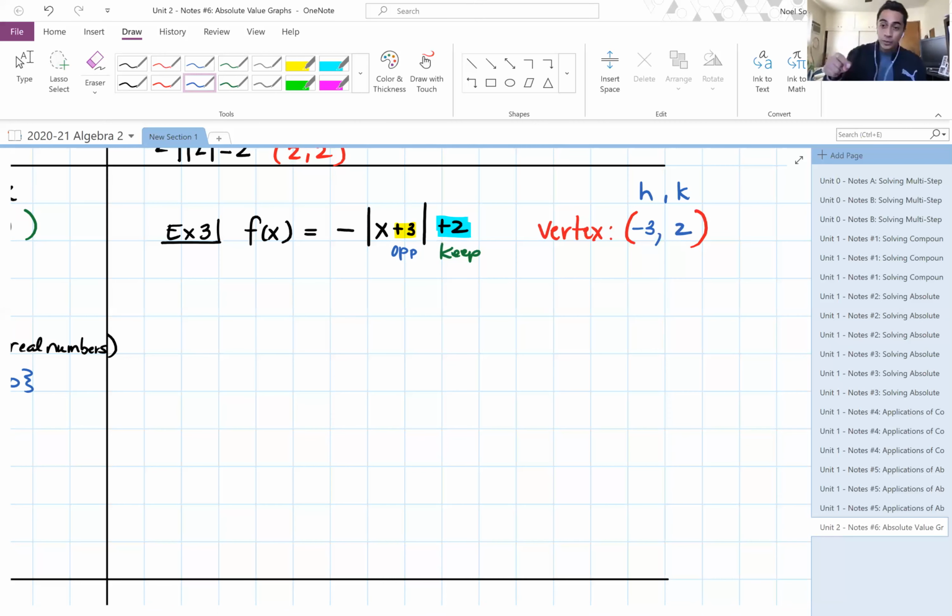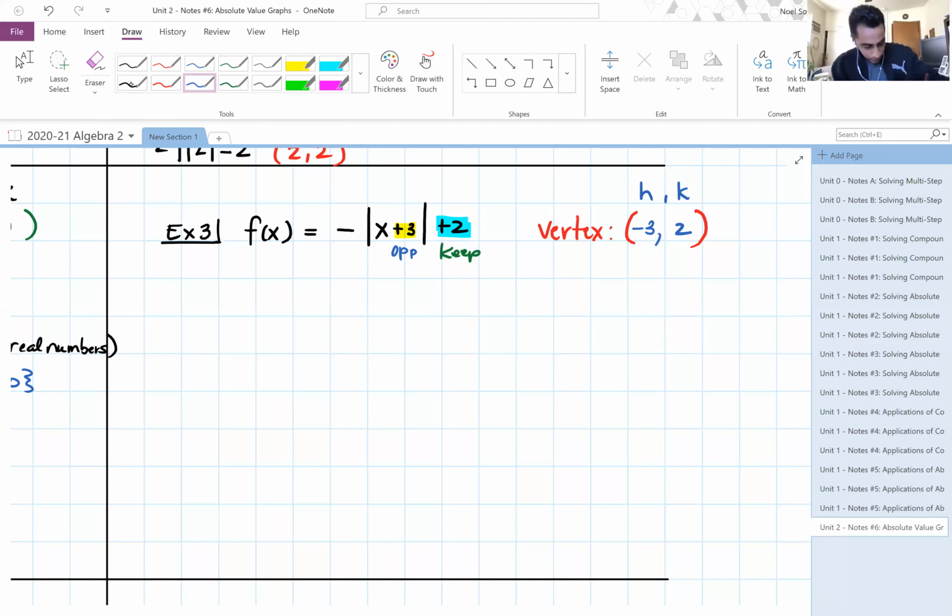Since it's a negative in front, it should be opening down. So you should know that already so that when you graph it, you end up graphing it in the correct direction. You don't accidentally graph it pointing upwards, because the negative tells you it should be going downwards.